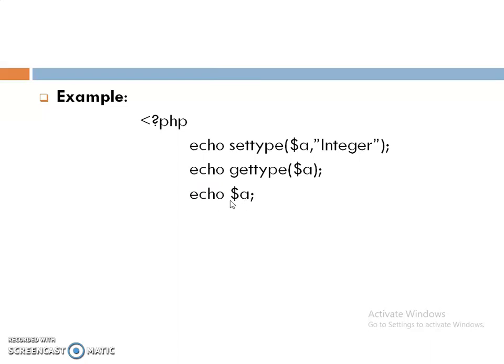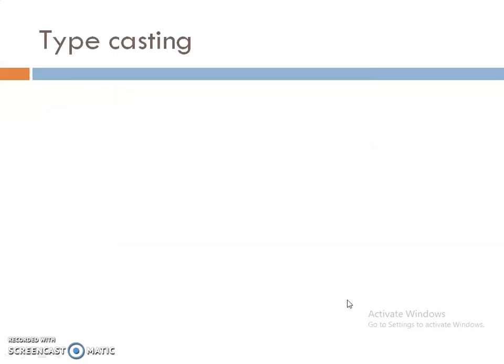Here we are going to print the value of $a, and in the second statement we are going to print the data type of $a. Now complete the script. So the output is like this: integer and 0, because here we are printing the data type of $a and then the value of $a.